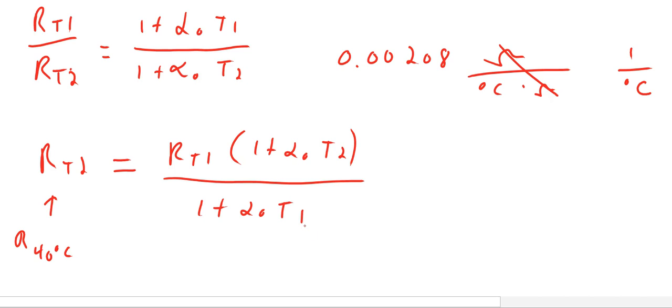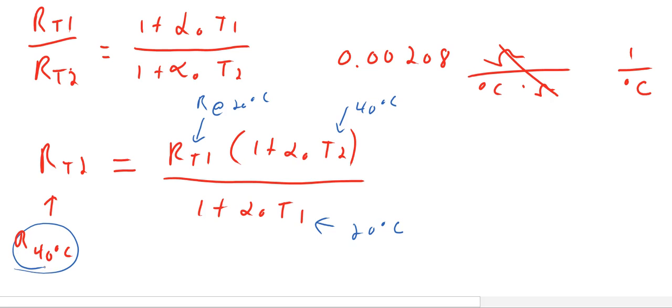And if it's written for that, then remember that RT1 is the resistance at 20 degrees C. So T1 is 20 degrees C. T2 will be 40 degrees C, as RT2 is the resistance at 40 degrees C.